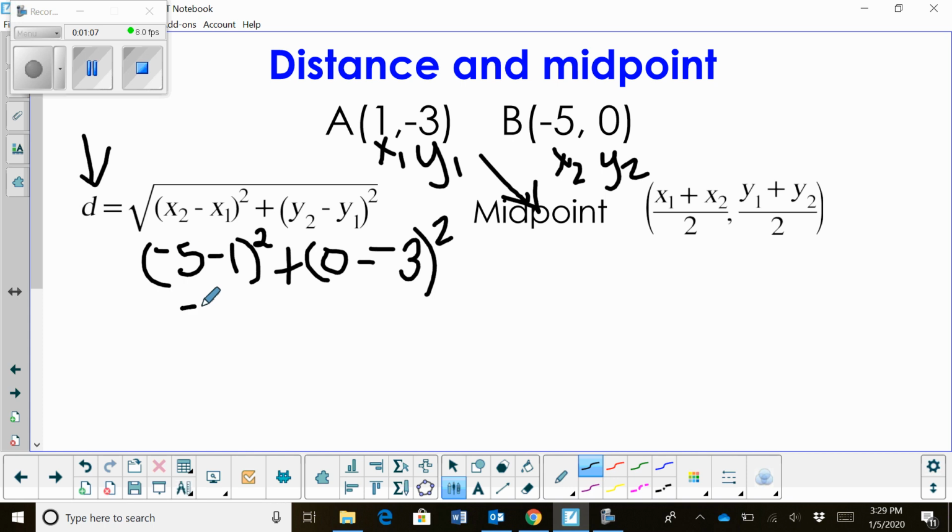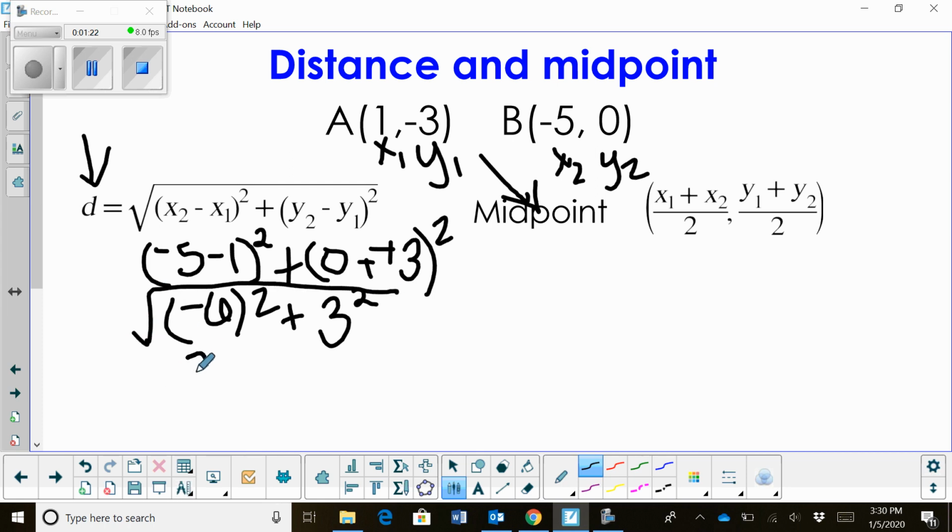So that's going to give me -6 quantity squared plus double negative becomes a positive, so that's just 3 squared. And I'm taking the square root of that sum. So that's going to give me 36 plus 9. And that's all under the radical, so 36 and 9 is 45. So I'm taking the square root of 45 as my distance.